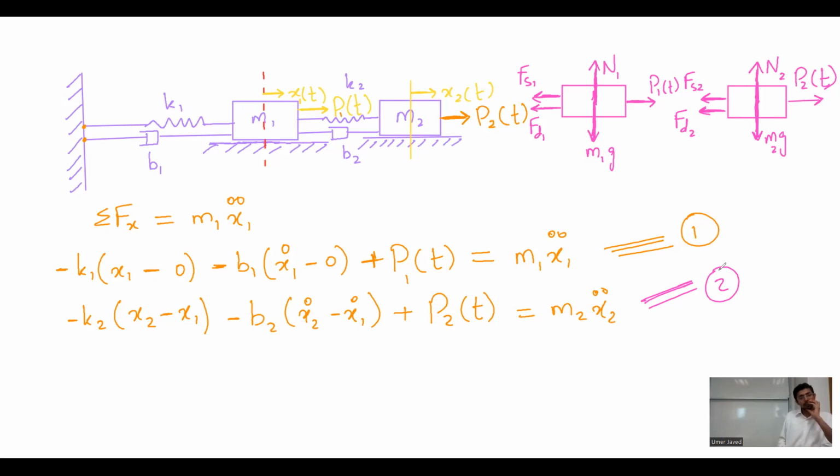Can I just double check if I made a mistake? K2, X2 minus X1. Yeah, it seems correct, by the way.